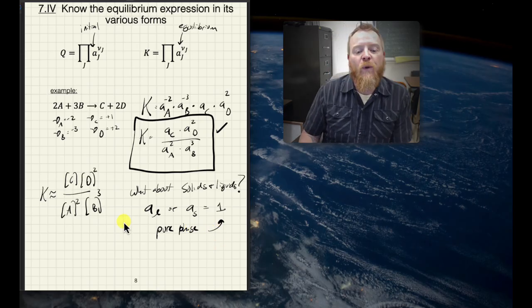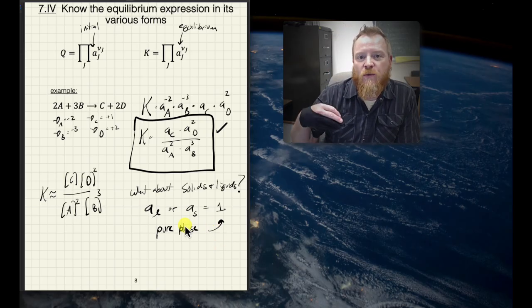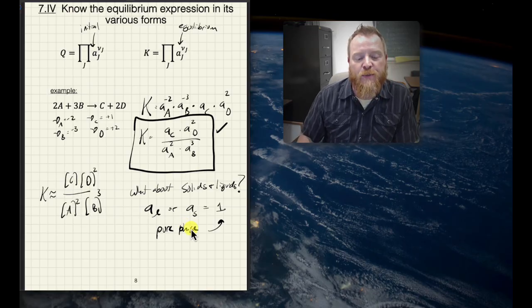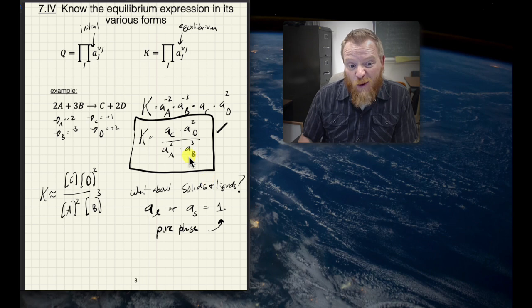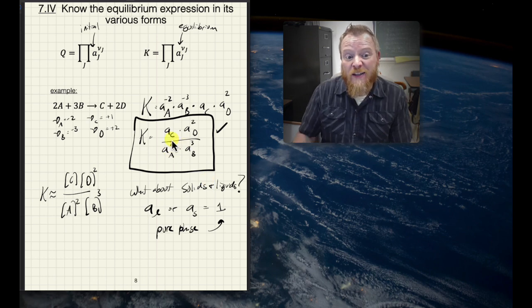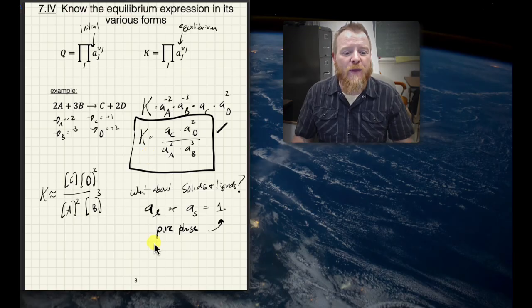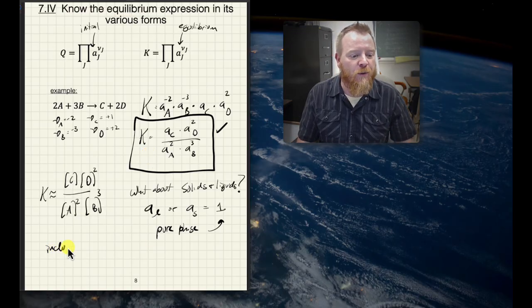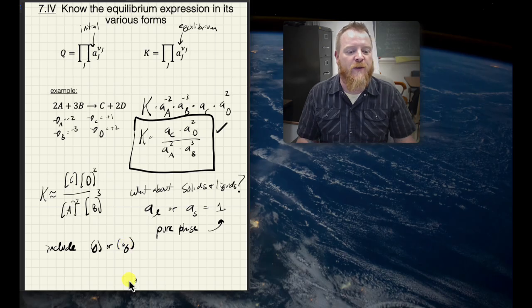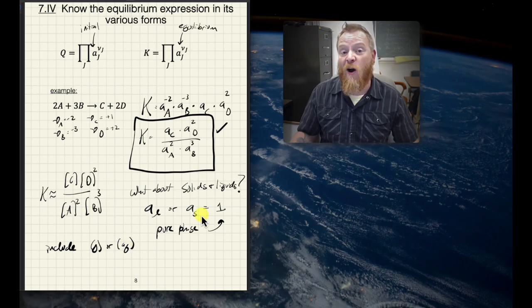So when we see that, we just automatically drop out a pure solid or pure liquid from the equilibrium expression. It's not that we haven't dropped it out, it's just that its activity is 1, so it drops out mathematically. That's why we only include the gas phase or the aqueous phase, because those activities are not equal to 1.